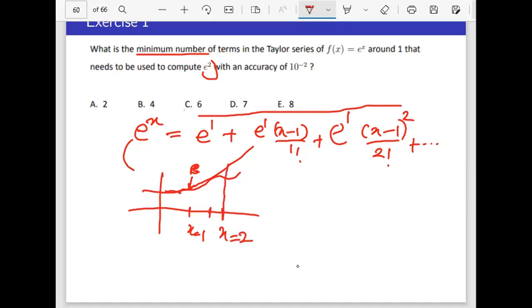Yeah, e to the 2 is here. This is your e to the 2. But we have to find the minimum number of terms we have to consider, right, to get this much accuracy.